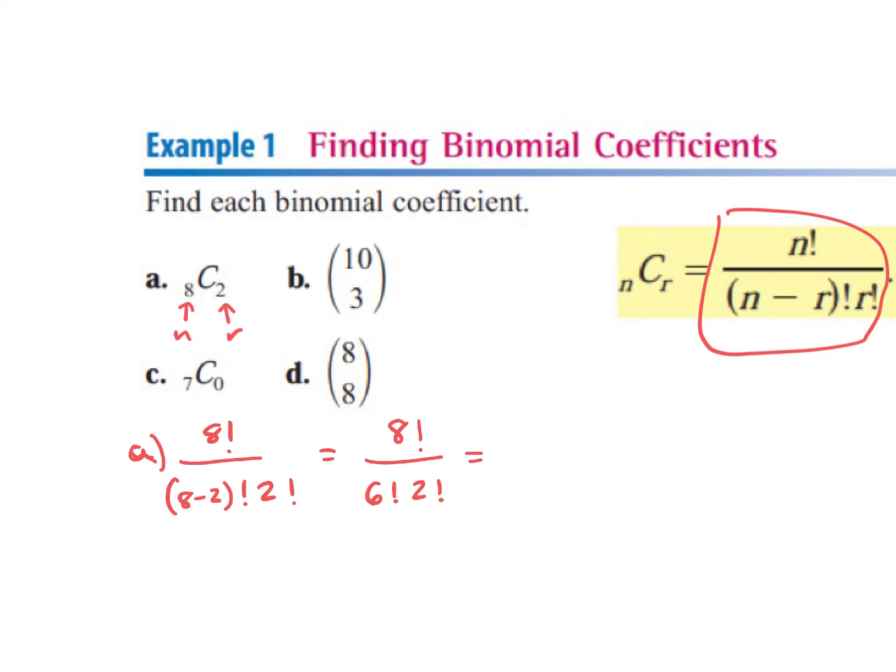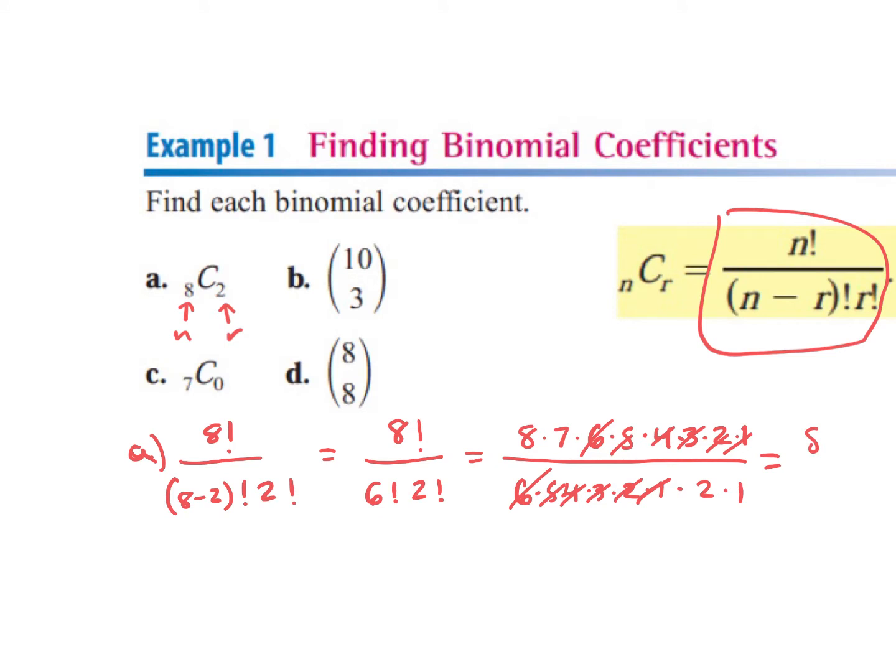So anybody remember what the factorial means? Awesome. 8 times 7 times 6 times 5 times 4 times 3 times 2 times 1. And then 6 factorial is 6 times 5 times 4 times 3 times 2 times 1. And 2 factorial is 2 times 1. And then we cancel out anything that is in common. So we have 6 and 6, 5 and 5, 4 and 4, 3s, 2s, 1s.